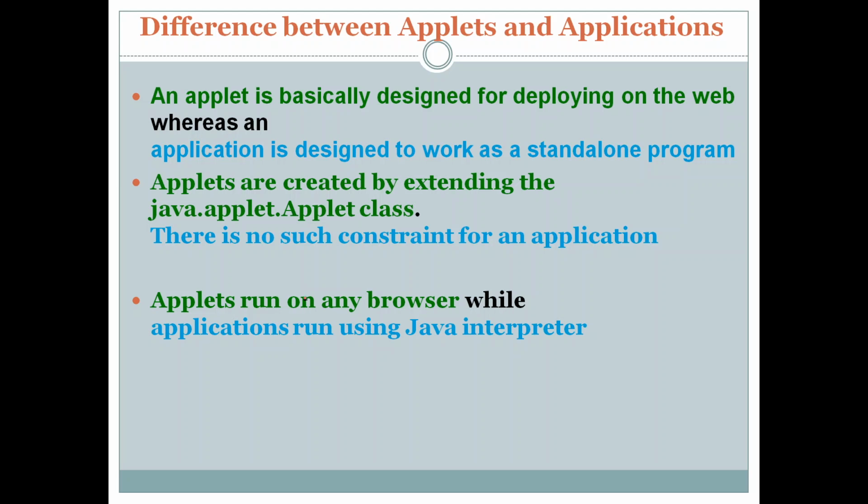Applets run on any web browser, while applications run using the Java interpreter. So applets are executed by using a browser. A browser is needed to execute an applet, but there is no need of any browser to execute Java applications. Java applications are simply executed by using the Java interpreter.